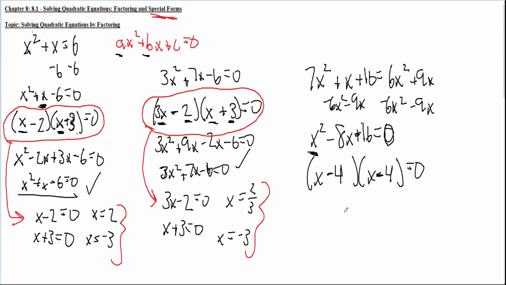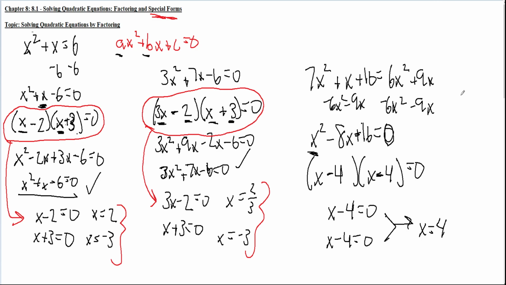So to get solutions, we can rewrite this as x minus 4 equals 0, and then x minus 4 equals 0. When you solve them, they have the same solution, which is x equal to 4.